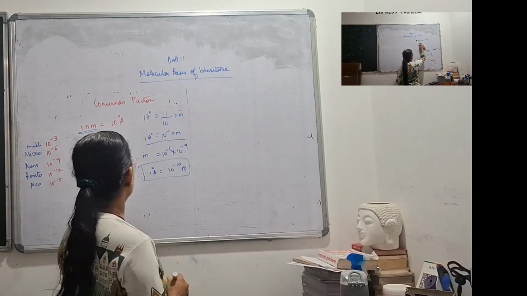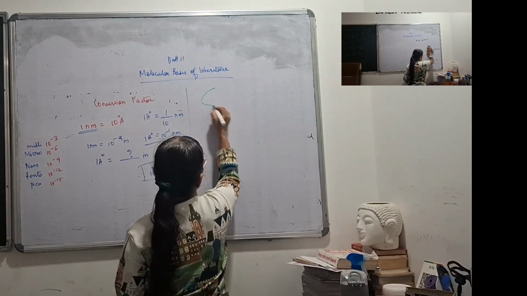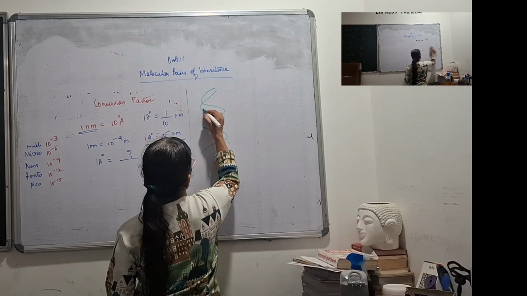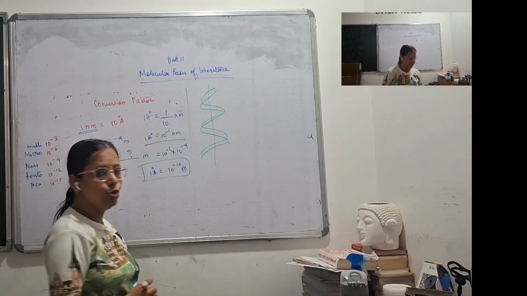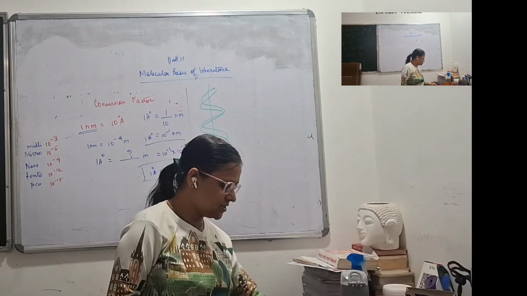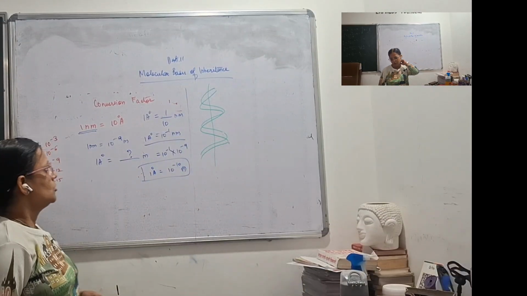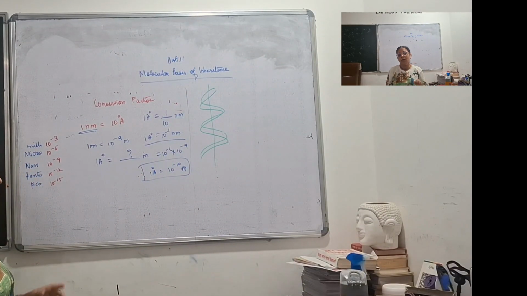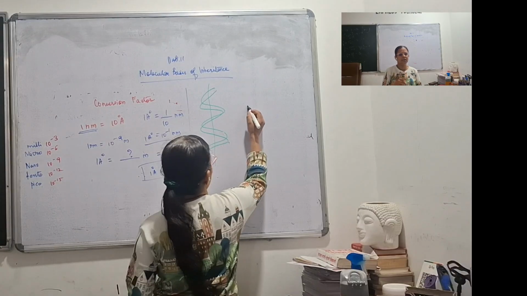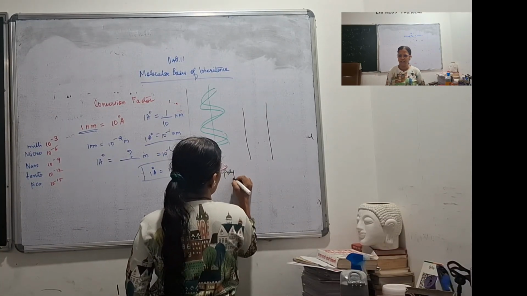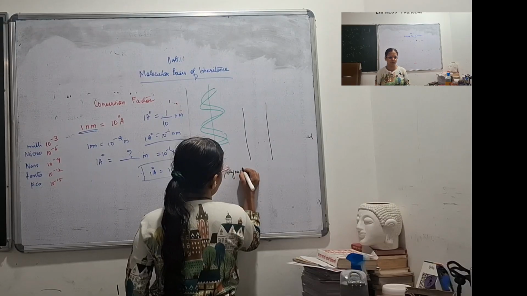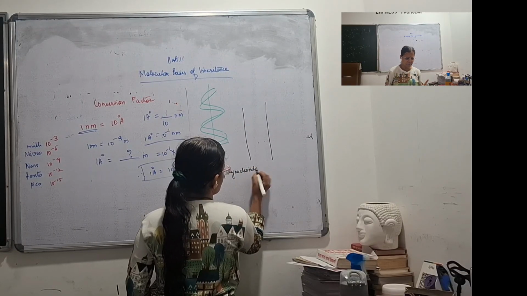Now when I draw DNA double helix, suppose this is my DNA double helix, right? You have two strands. I have discussed this earlier also, that the two strands of DNA are nothing but polynucleotide strands.